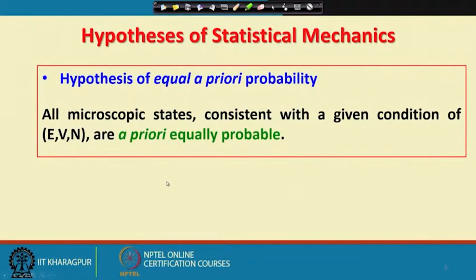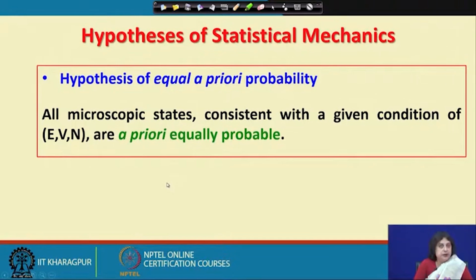The first of these hypotheses is known as the hypothesis of equal a priori probability. When I say a priori, it means that I am not assuming anything, I am just starting from scratch, so to say.